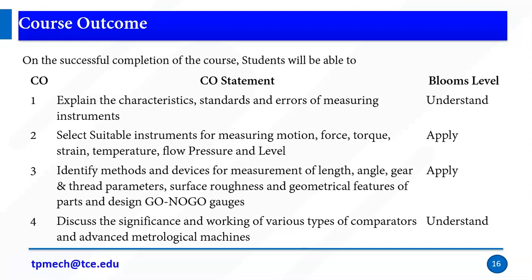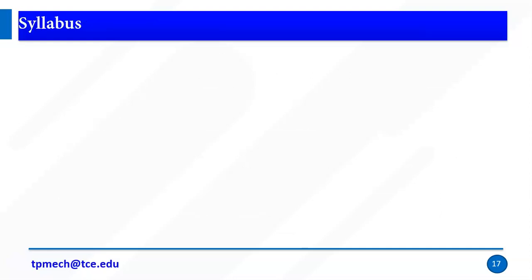So this all comes with outcome 3. The final outcome is advanced measuring equipment like CMM machines, profile projector, all those things, which come with course outcome 4. So we have only 4 course outcomes, and for this purpose we framed our syllabus.